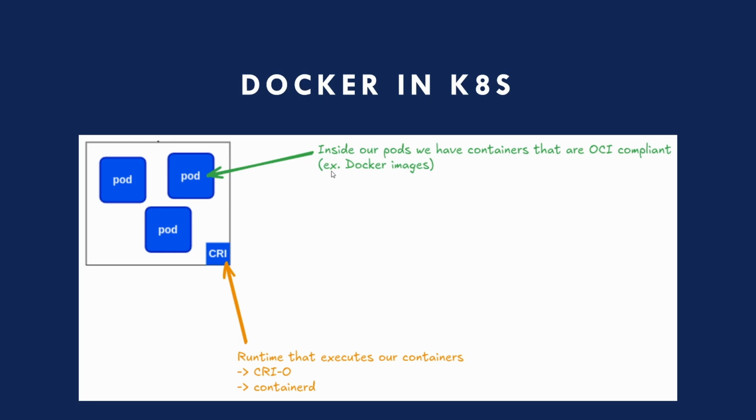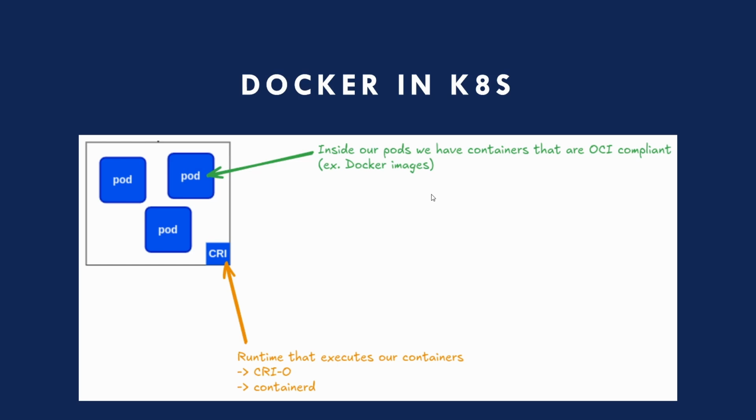And the Docker images themselves implement this OCI standard, which means that in Kubernetes, the CRI itself executes Docker images because the CRI executes pods and containers, and it executes Docker images that have that OCI interface. And because the Docker images implement that interface, they can run inside Kubernetes.